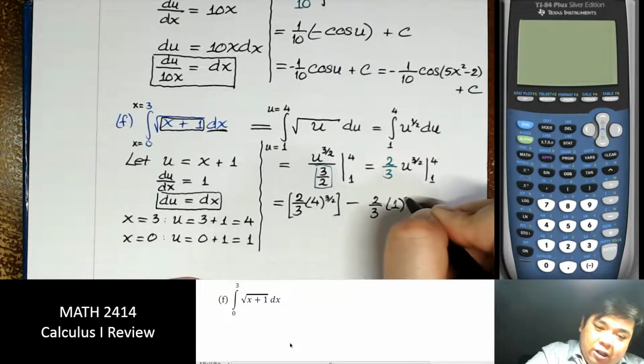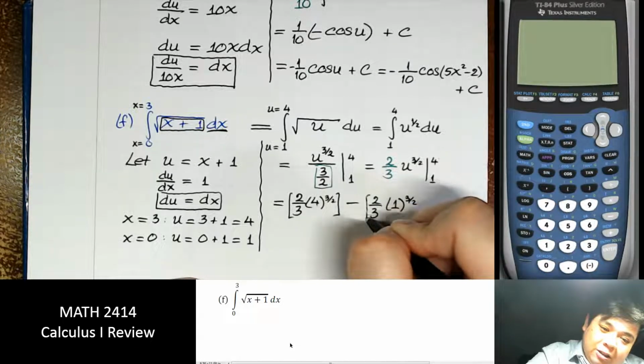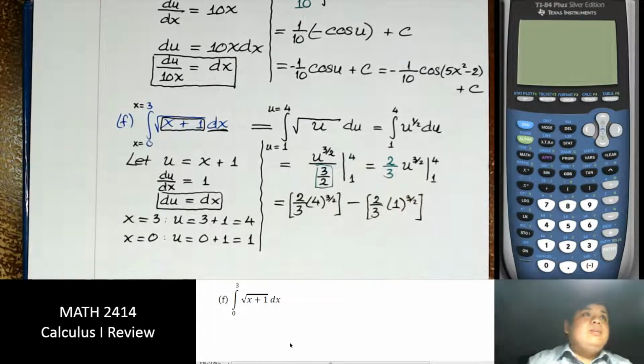Put 1. There. Right. And test the calculator again. 4 to the 3/2 is 8. That's nice.